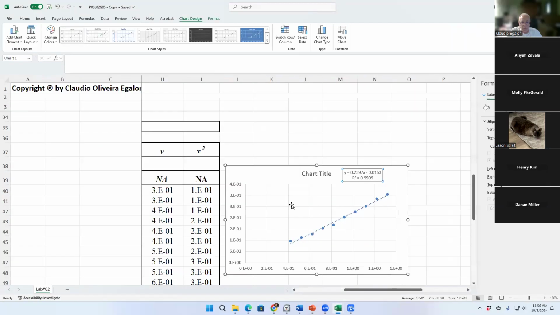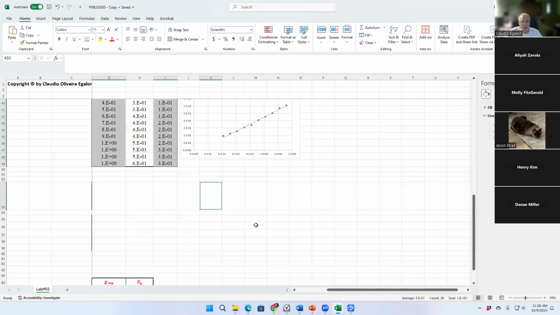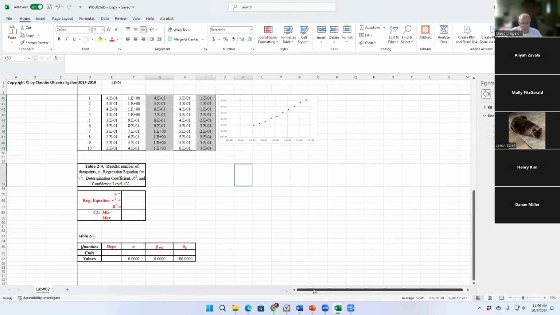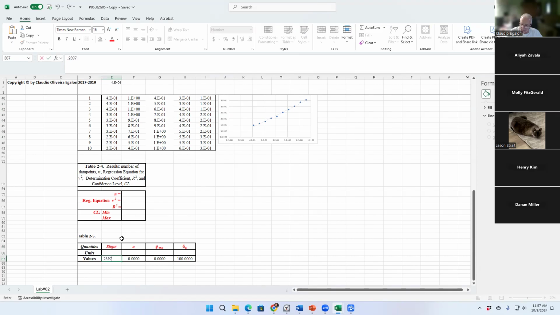Yeah, okay, good. So we are getting the same value. Now what you are supposed to do is write down the numerical value here for the slope, 0.2397. Here, you should get 5%. Oh, I see. Okay, I got the same slope as you. Thank you very much.